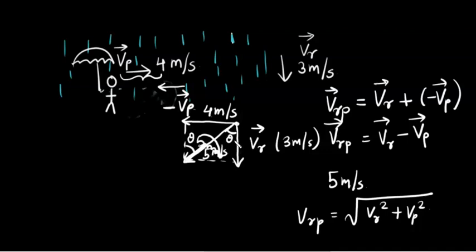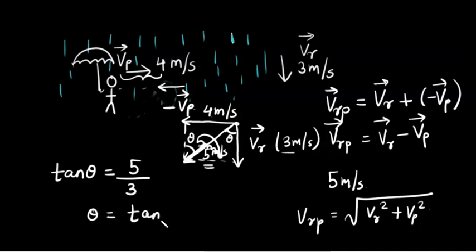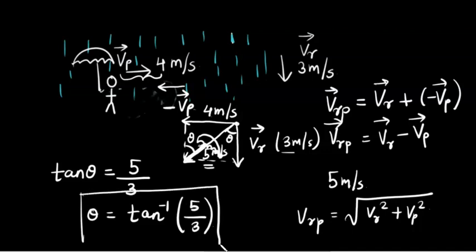This angle theta can be found using tan theta, which is opposite side, 5, upon adjacent side, 3. So theta will be equal to tan inverse of 5 by 3. At this angle with respect to the vertical, the umbrella should be held to prevent the man from getting wet.